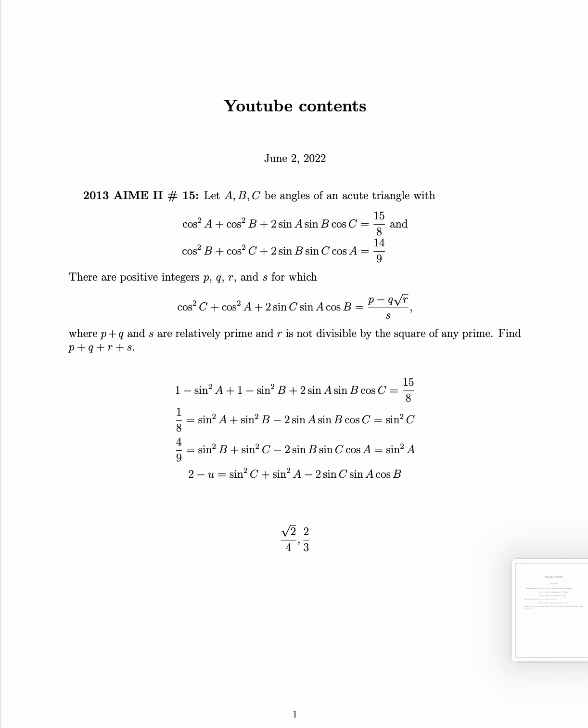1/8 plus 4/9, and then minus square root of 2/4 times 2/3 times the cosine value of B, right?